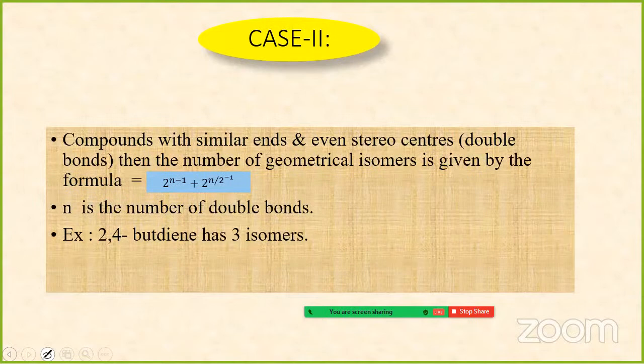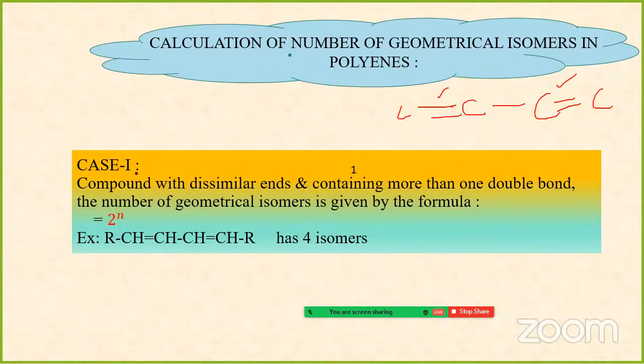Let us see the first rule we have to follow in calculating the number of geometrical isomers. If a compound with dissimilar ends contains more than one double bond, then the number of geometrical isomers is given by the formula 2 to the power of n. For example, here we have taken a 4-carbon compound with two R groups.